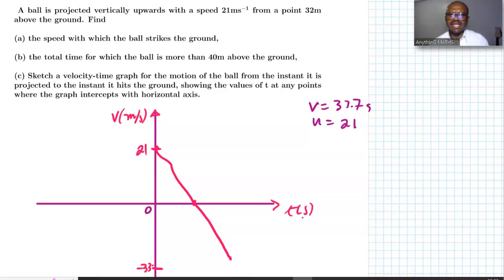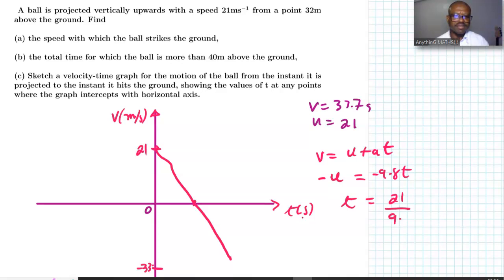How do you find that time? We get that time from using this formula: V should be equal to U plus AT. When V is equal to 0, we're going to have negative U should be equal to negative 9.8T, and therefore T will be 21 over 9.8.